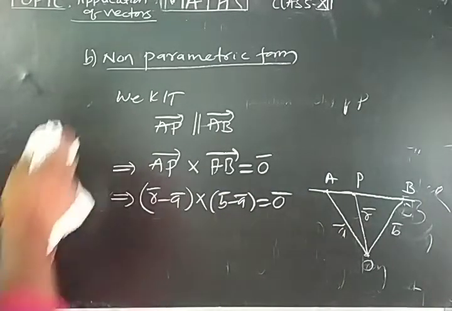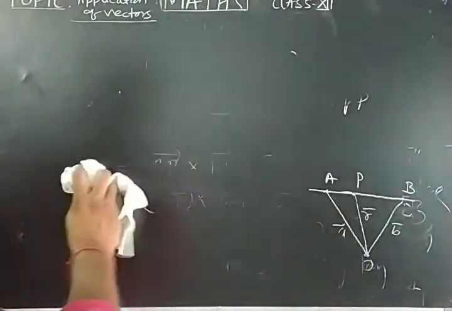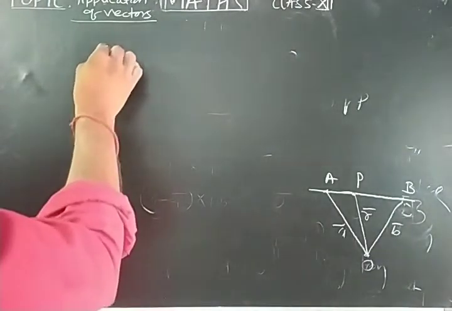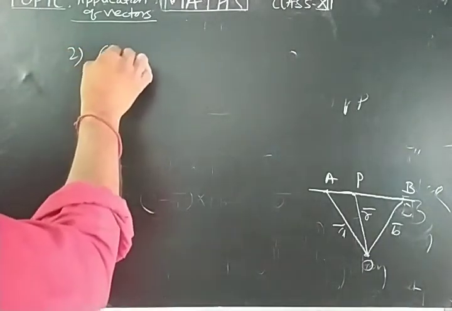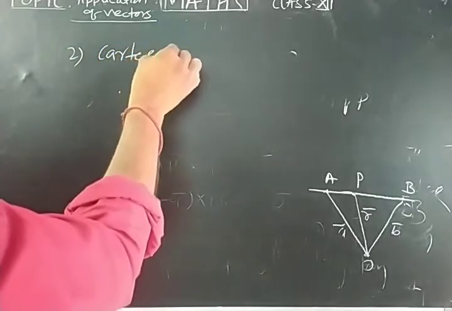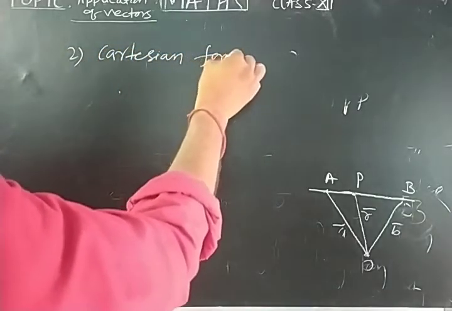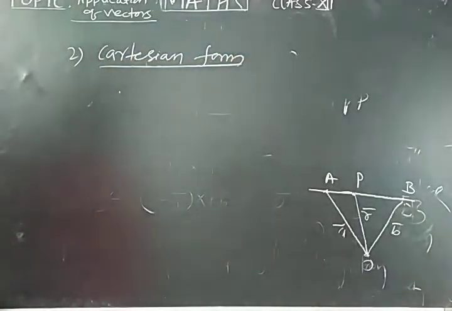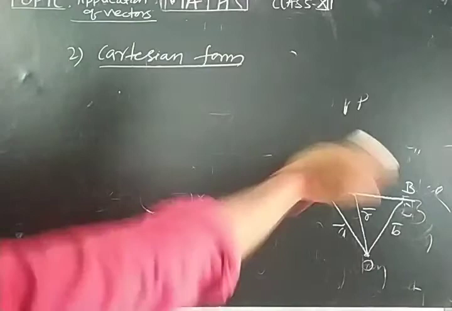Now I am going to derive the Cartesian form of the straight line. How to find the Cartesian form of the straight line?